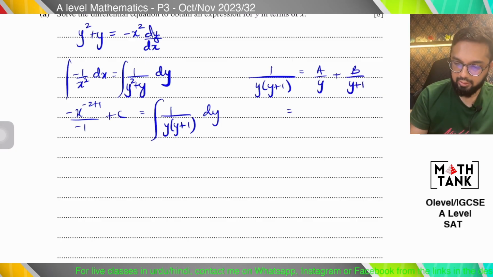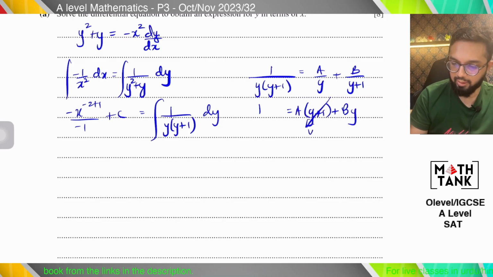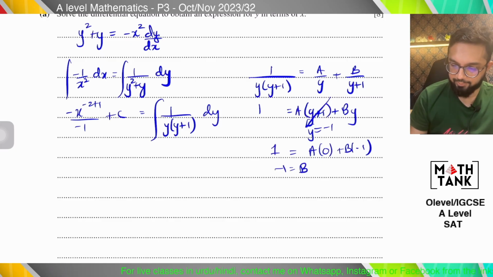So I get a into y plus 1 plus b into y, equals 1. First I take y equals minus 1. So I get a times 0, b into minus 1. It gives me b as minus 1.